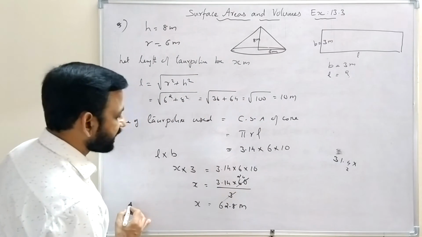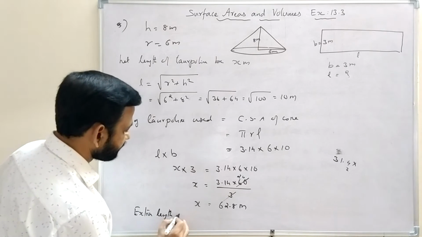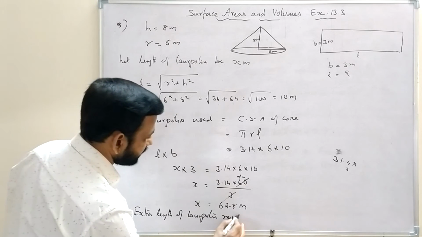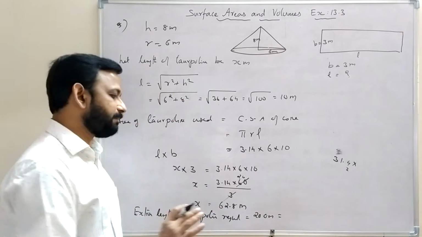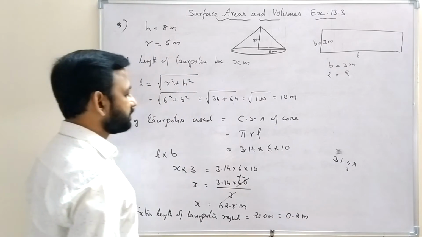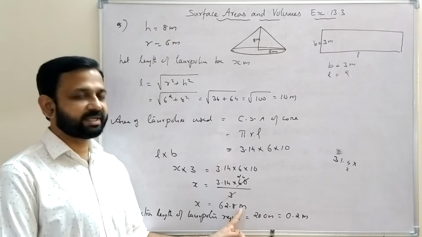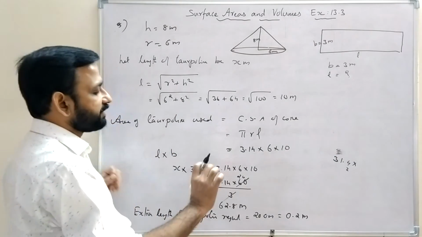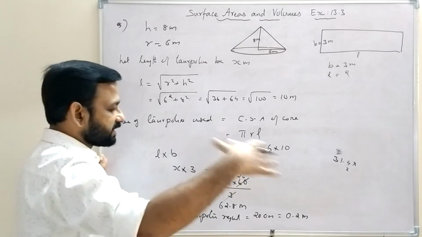So we write the extra length of tarpaulin required equals 20 centimeter, that is 20 upon 100 meter, that is 0.2 meter. So the length of the tarpaulin sheet is 62.8 meter, which is the curved surface area of the cone, and we need to buy 0.2 meter extra for cutting, overlapping, stitching, etc.